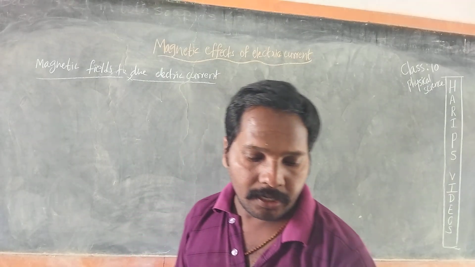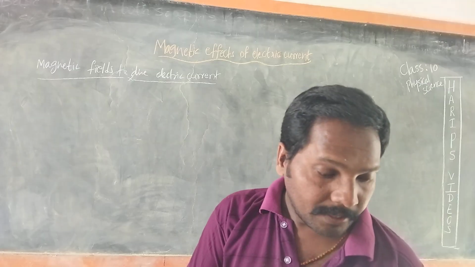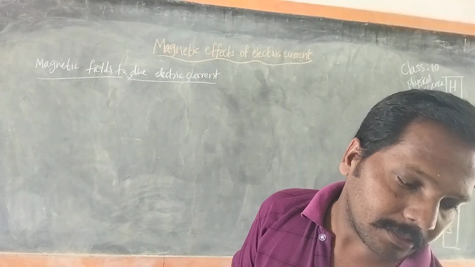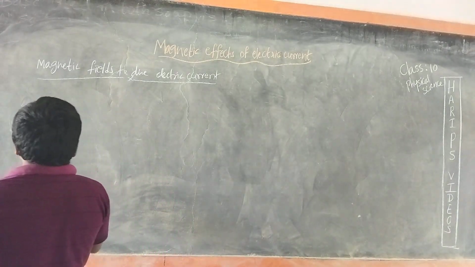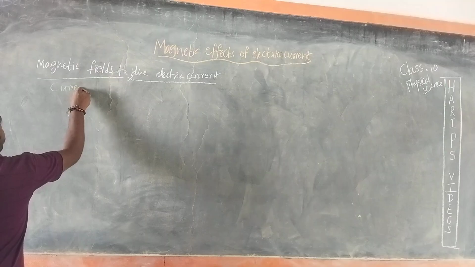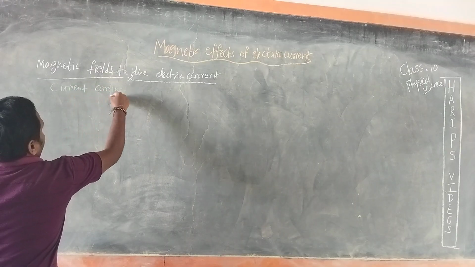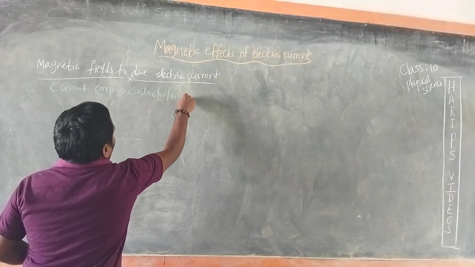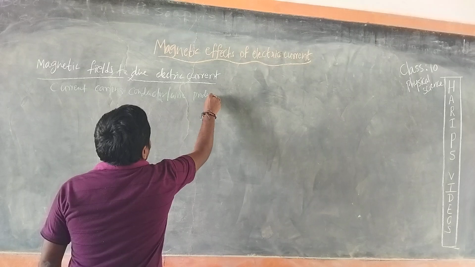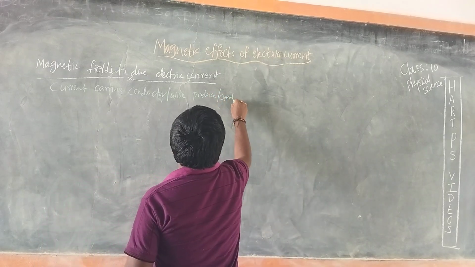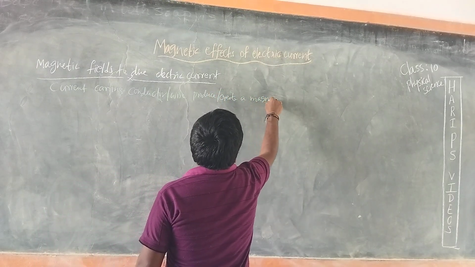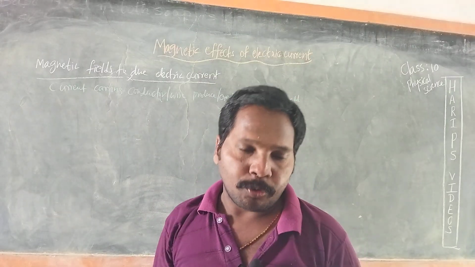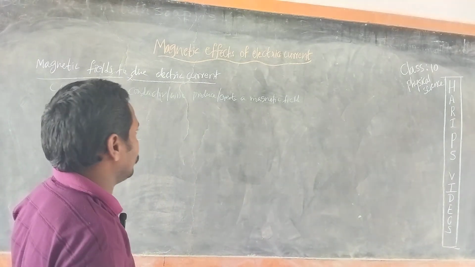Now, magnetic field due to current carrying wires, or due to current. A current carrying conductor or wire produces or creates a magnetic field.